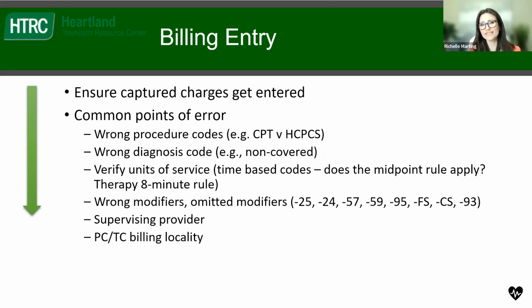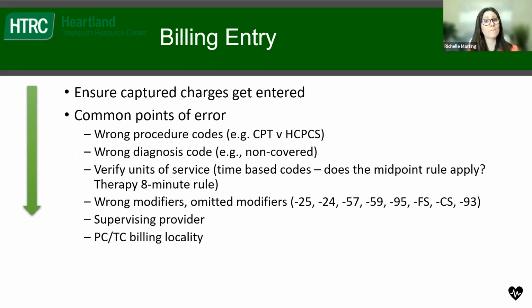It allows you to correct it before the claim goes out, helping ensure you get paid accurately without rejections, without denials, faster, and avoid the time and the resources to rework those rejections and denials and get the claim out the door. Making sure we've got the right units of service, if this is a time-based code and the time is listed in the CPT code, is that time a threshold, meaning we have to reach that time as a minimum before we can report the service?